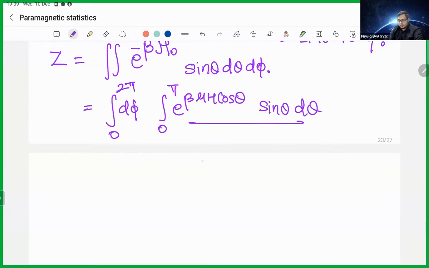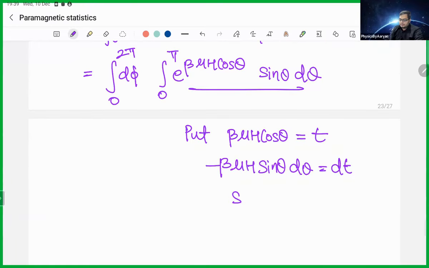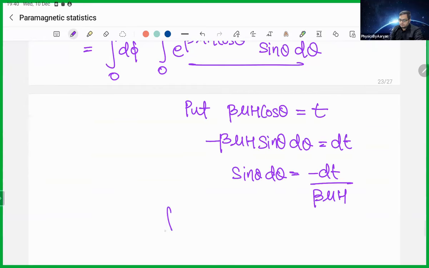What do you do? Put beta nu h cos theta equals t. So minus beta nu h sin theta d theta equals dt. So sin theta d theta becomes dt by beta nu h, and you put it here.